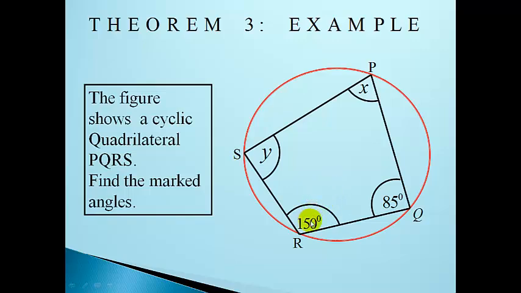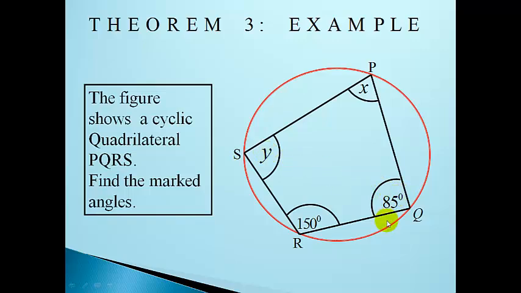Now we can see that 150 degrees is opposite to the angle X, and therefore X plus 150 degrees is equal to 180. Also, Y is opposite to the angle 85 degrees, so we can also write that Y plus 85 degrees is equal to 180 degrees.